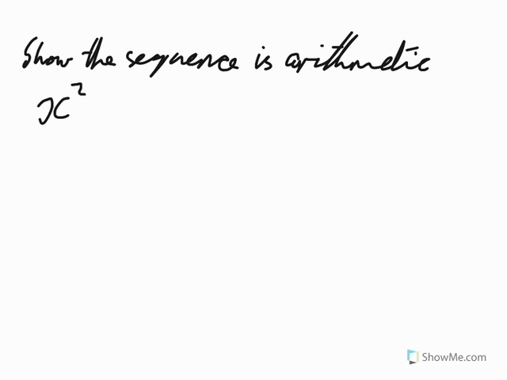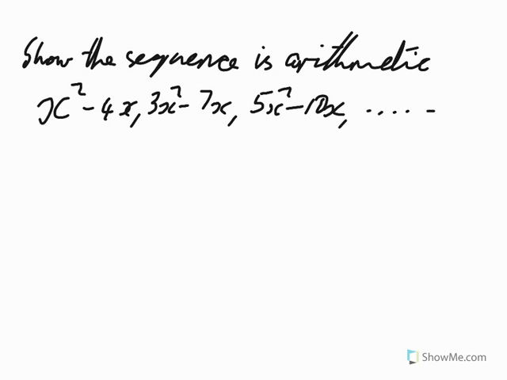So sequences can be any form. So here we've got a polynomial sequence, and so on. So what we need to do is look at the difference between these things.